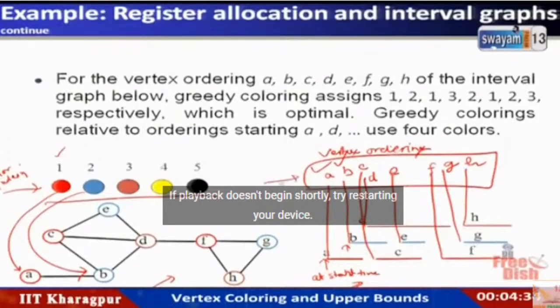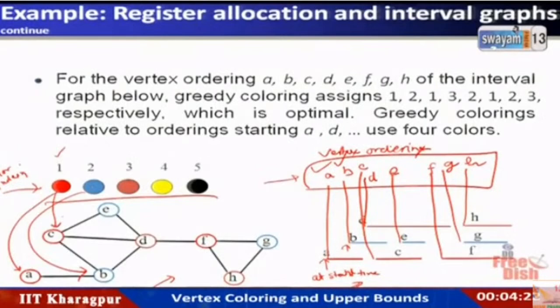As far as C is concerned, C is the neighbor of B, so C cannot be given this particular color, but C can be given the smallest index color, that is 1.